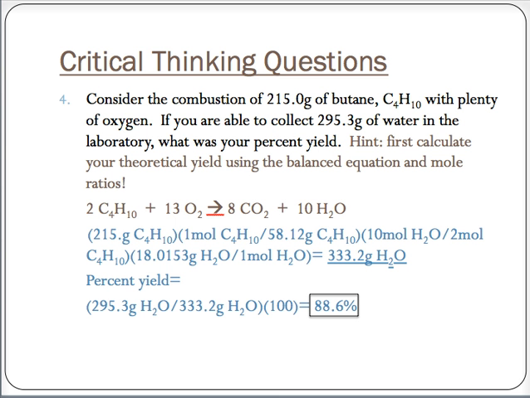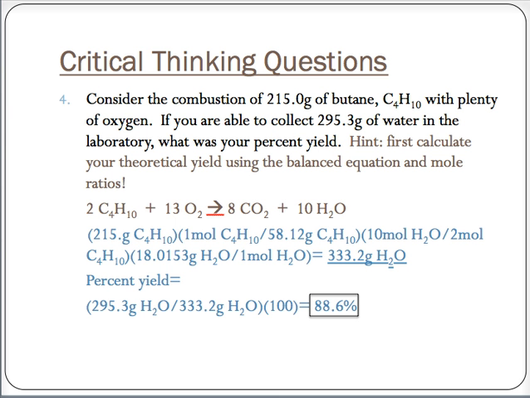You multiply that by the molar mass of butane, which is 1 mole over 58.12 grams of butane. You multiply that by the mole ratio between water and butane, which is 10 moles of water per 2 moles of butane. Then you multiply that by the molar mass of water to get the final mass of water, which would be 333.2 grams of water.